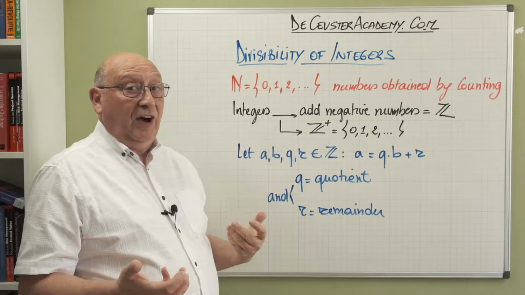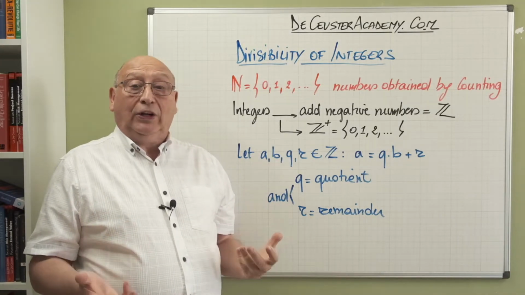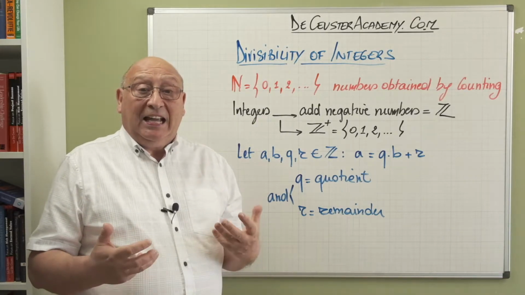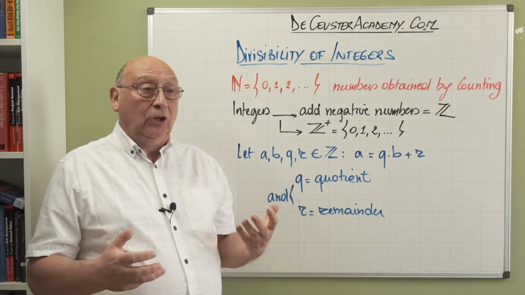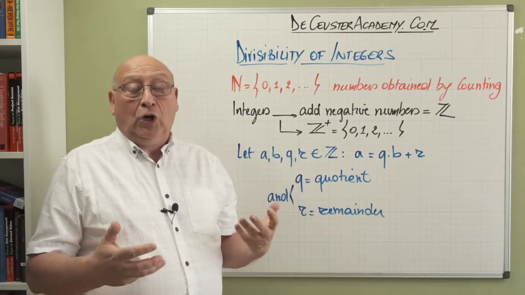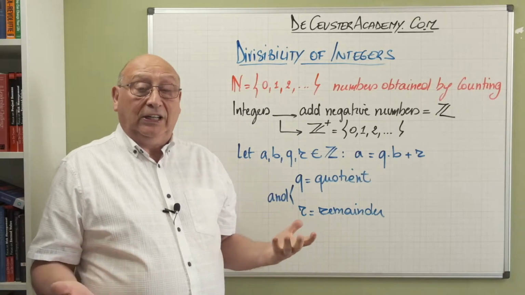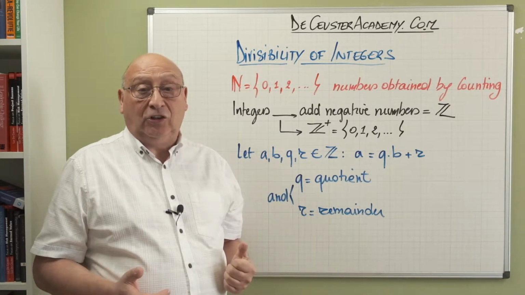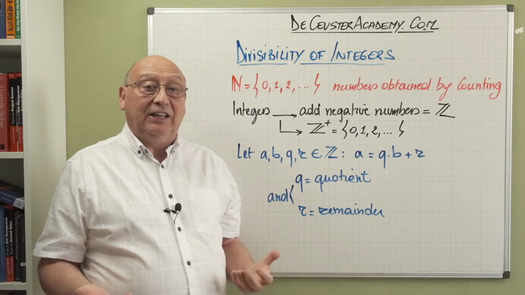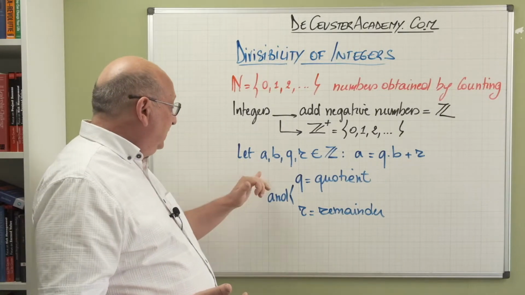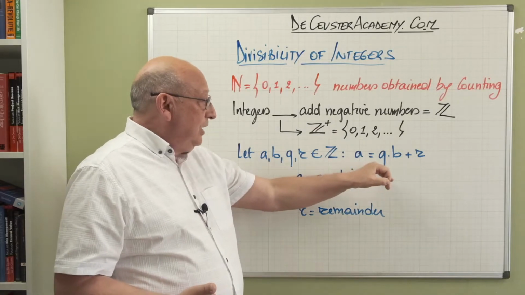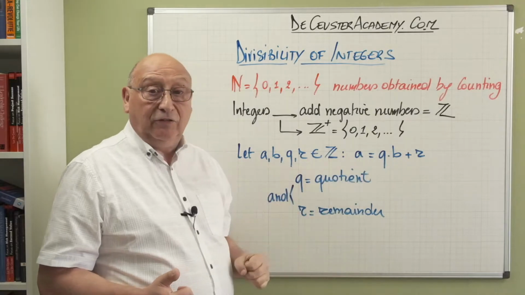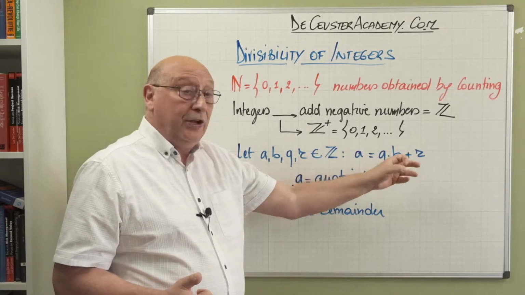Now we know when we divide integers that not all integers can be divided by another integer giving an integer. For example, 2 divided by 1 is 2, 4 divided by 2 is 2, but 5 cannot be divided by 2 giving an integer. So what we do is we say the integer a is equal to a quotient q multiplied by the divisor b plus a remainder r.